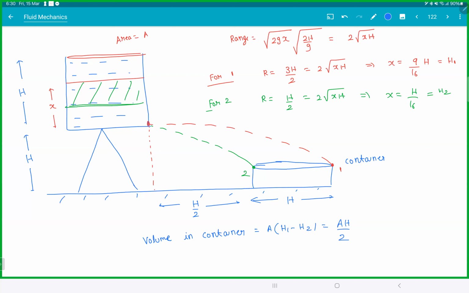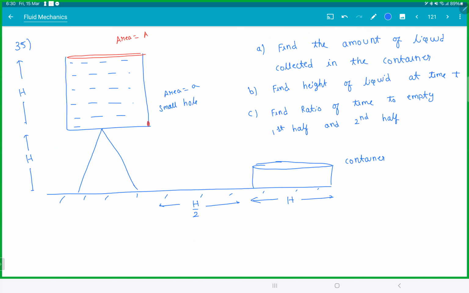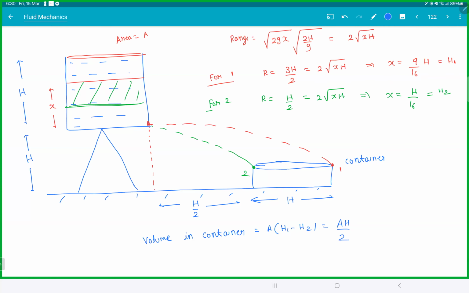Velocity will be root 2gx, it's a small hole. Given in the question, it's a small hole. It becomes more complex. You're not wrong, but it becomes more complex.